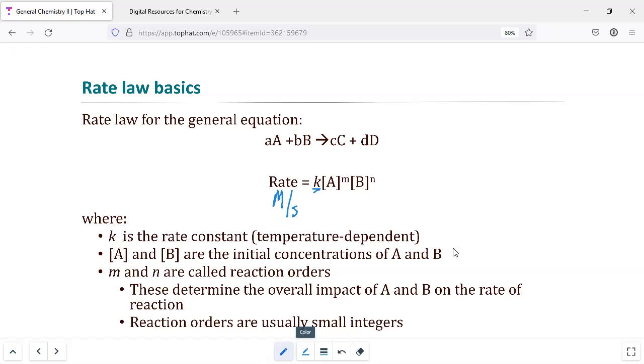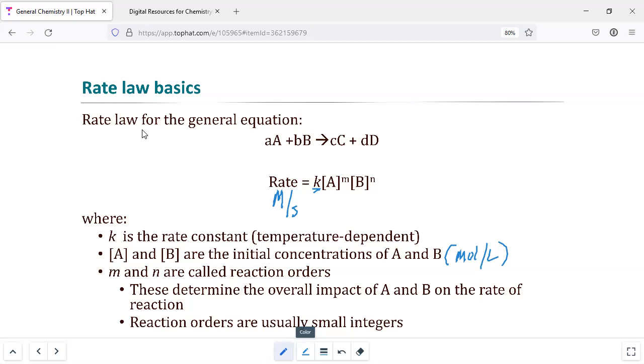Now, if I'm dealing with solutions, or with gases, where I'm looking at quantities that are usually on the molar scale, I have to understand that a lot of times when I mix them together, they're going to dilute each other. So we have to consider that when we're calculating those initial concentrations.